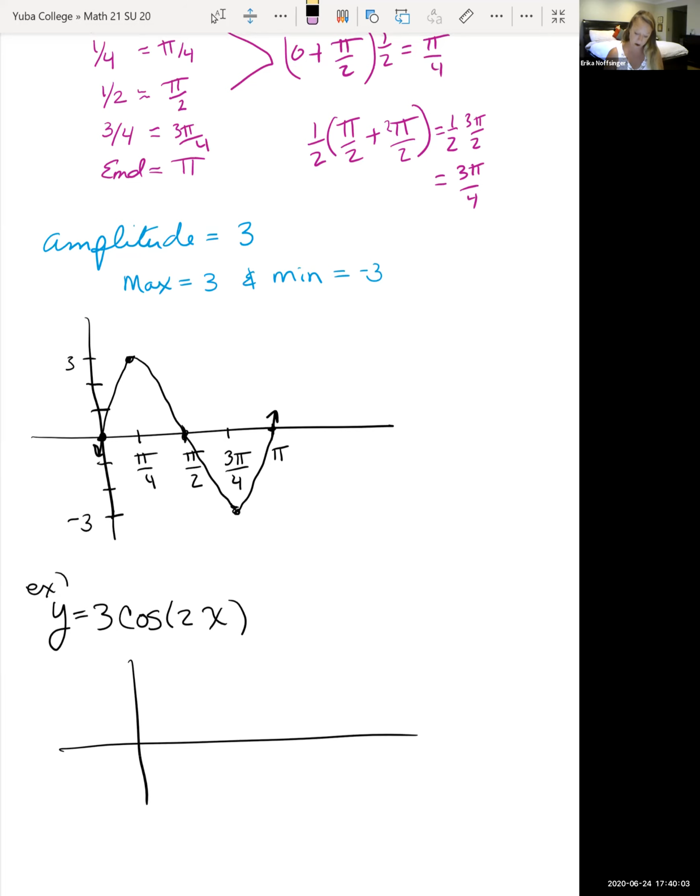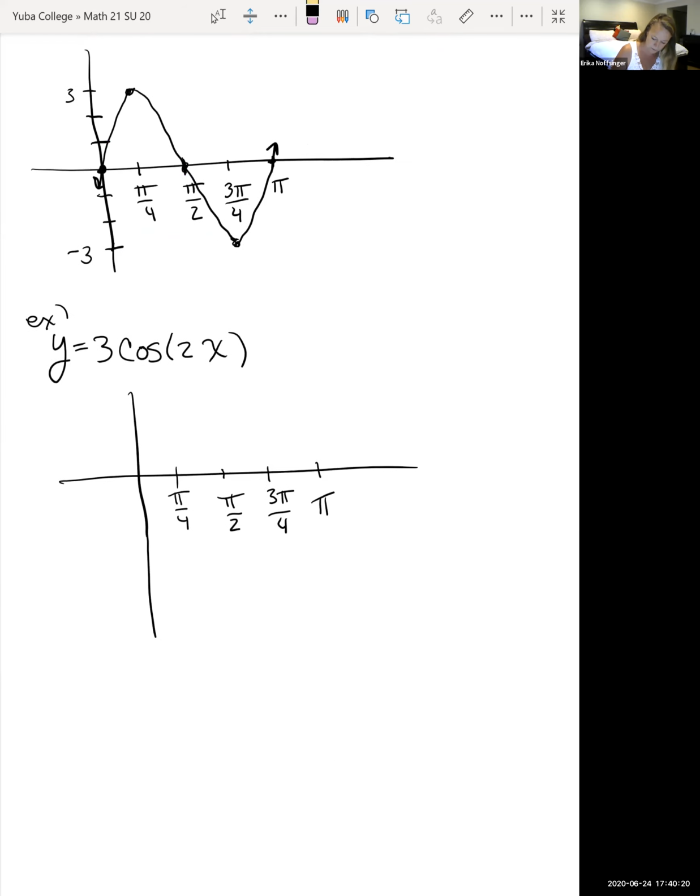We still have our important points: pi fourths, pi halves, 3 pi fourths, and pi. We still have our amplitude is 3, so max and min is 3 and -3.